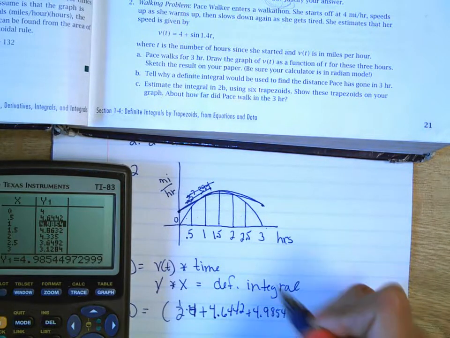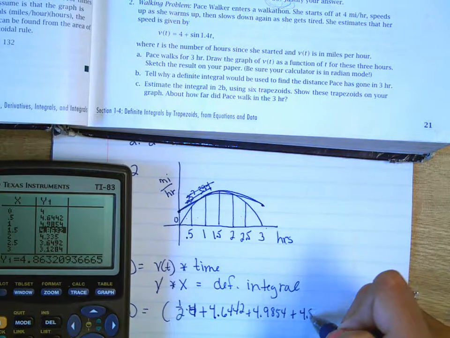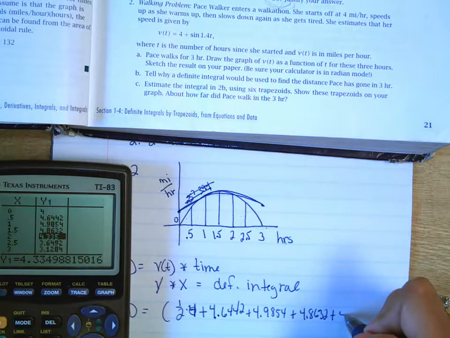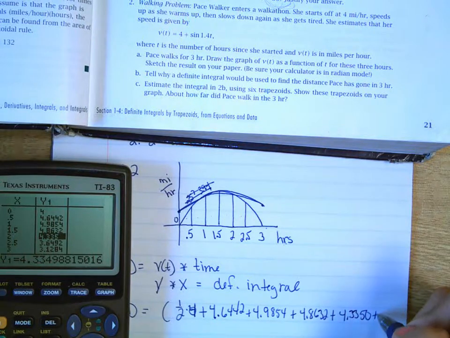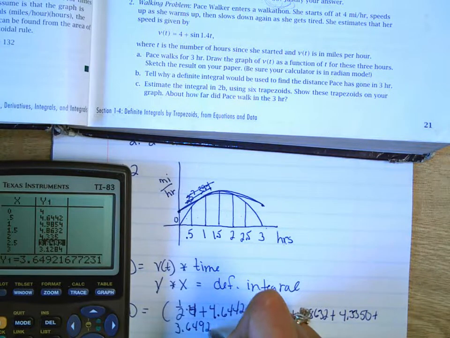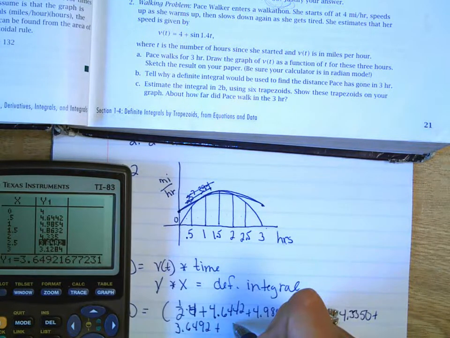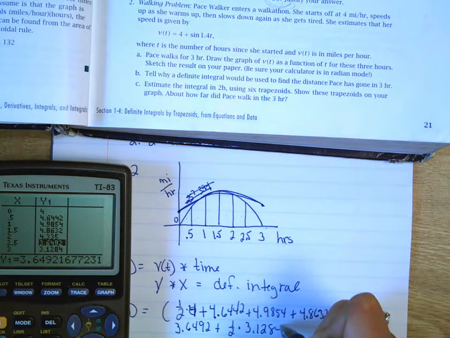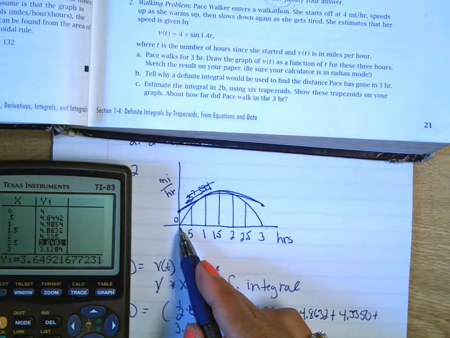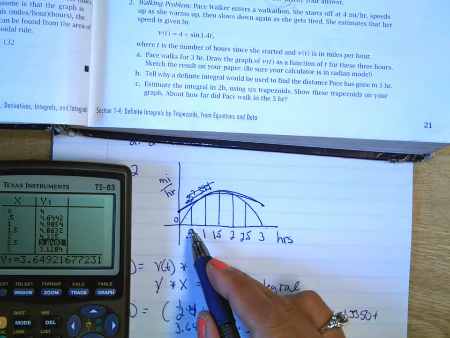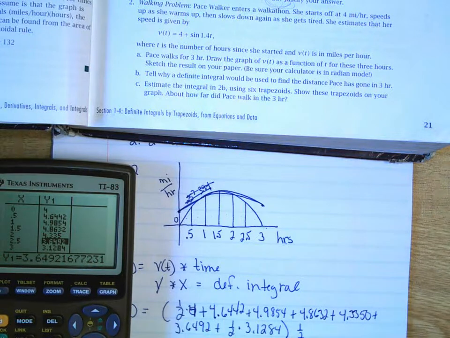Throw a 2 on there. 4.8632. 4.3350. 3.6492, and then half of the last y value, half of 3.1284. All that times the height. The height of my trapezoids is a half, because I went 0 to a half, a half to 1. Sorry I messed that up, guys.